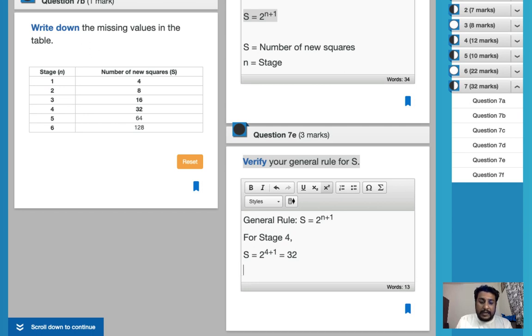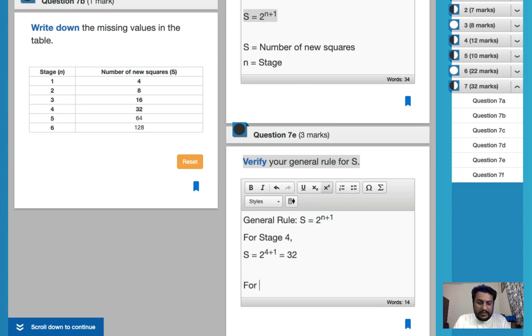Okay, now for stage 5, again we do the calculation, 5 plus 1, which gives you 2 to the power 6, which is 64.